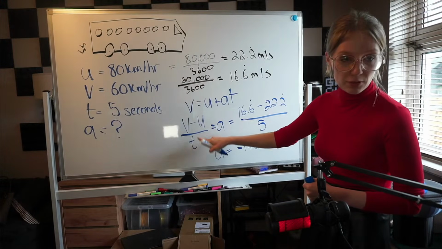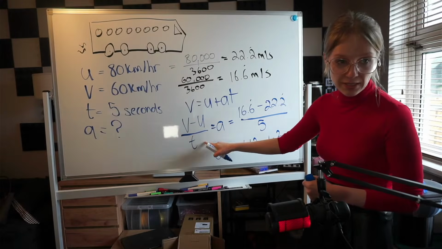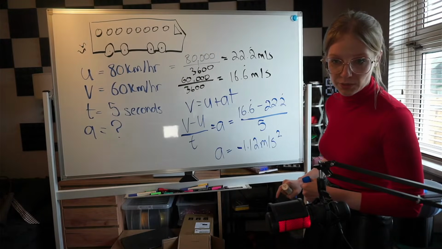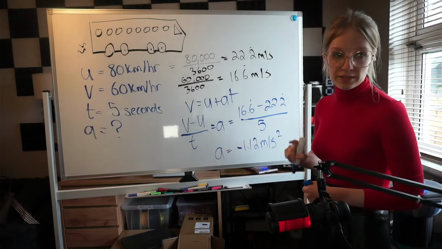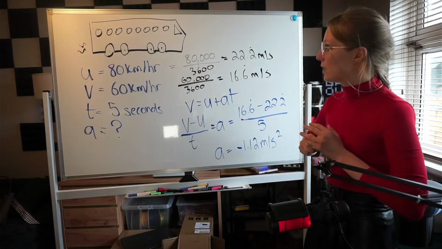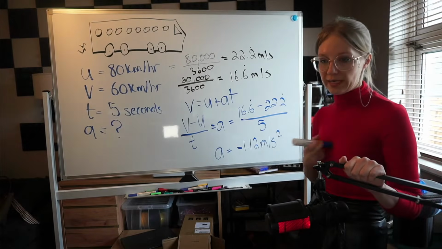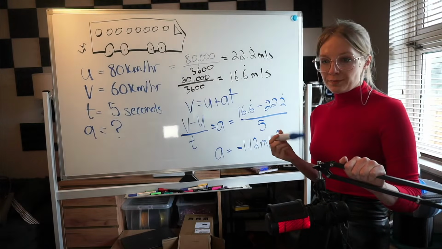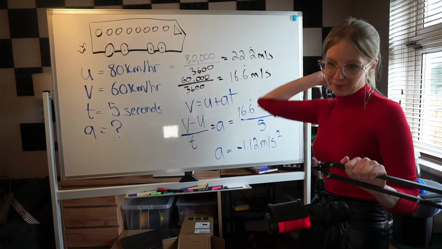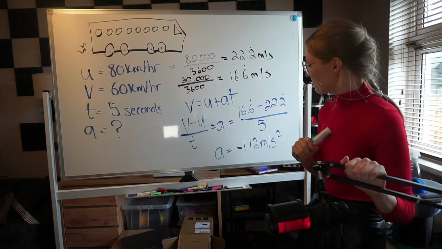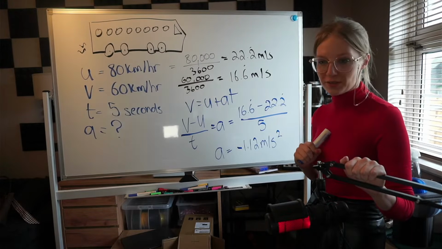Distance over time, or speed over time, meters per second. Our unit is correct. We get meters per second squared. Excellent. And the minus sign means it's decelerating. It's slowing down. So all is good, and we know we solved this problem correctly. Exactly, Henri, because it's deceleration. And there we go. We solved the bus problem.